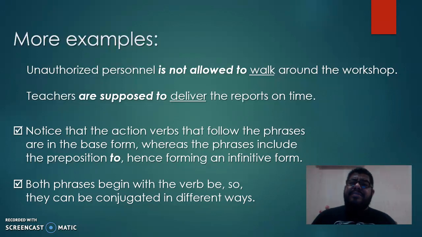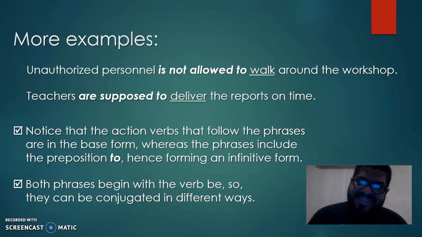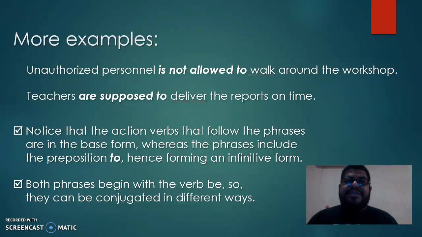Or maybe in the simple past: The teacher was supposed to deliver the article on time. That's another example. Or, for example, when you refer to your childhood memories: When I was a kid, I was not allowed to speak during adult conversations.